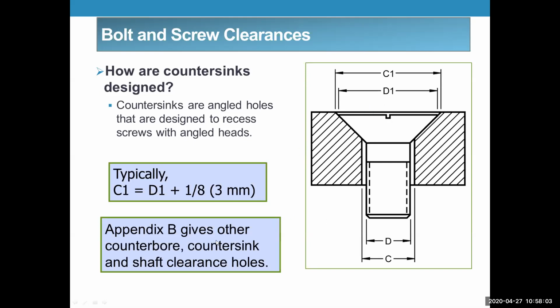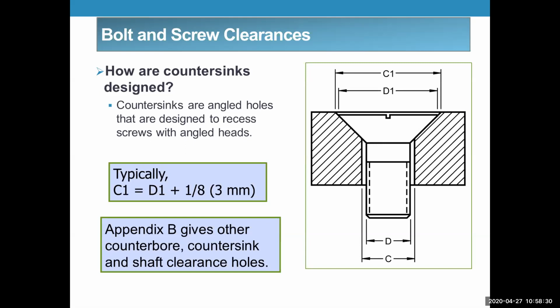It says Appendix B gives other counterbore, countersink, and shaft clearance holes. I'm not sure. It sort of does. Like I said, if you look at page B7, there's counterbore information there.